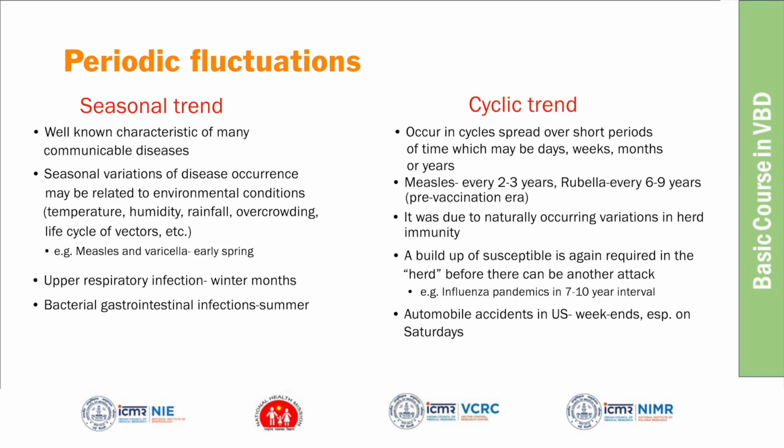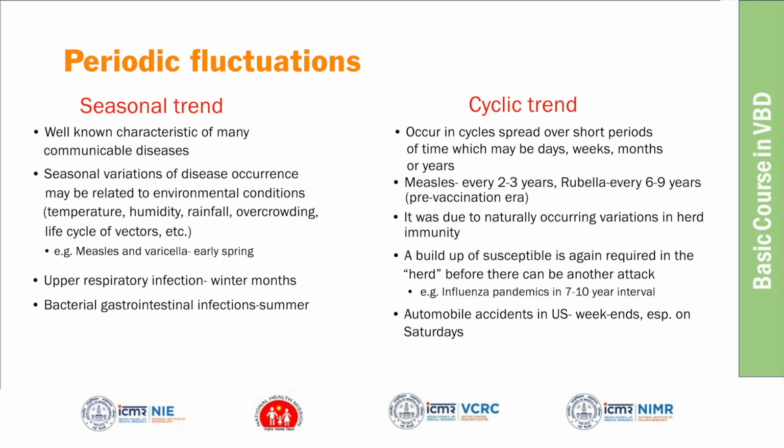Seasonal variations of disease occurrence may be related to environmental conditions such as temperature, humidity, rainfall, overcrowding, etc. For example, measles and varicella are much more common during early spring, upper respiratory infections in the winter months, and bacterial gastrointestinal infections during the summer months.